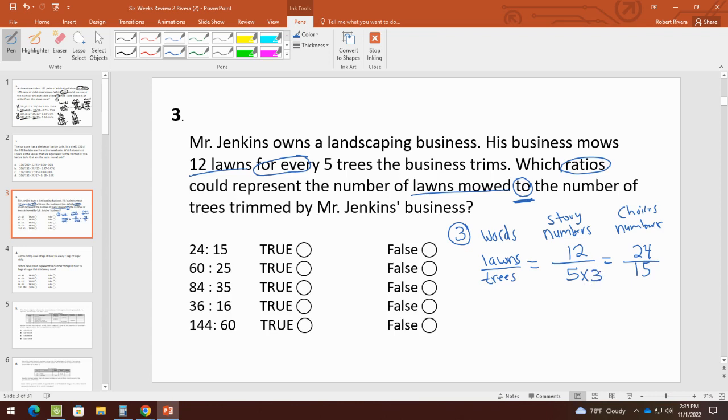Well, what you do on the bottom, which is times 3, I have to do on the top. 5 times 3 does give me 15, so it's a check. 12 times 3 does not give me 24, it gives me 36, so this first one is going to be false. Then I'm going to try the next one.